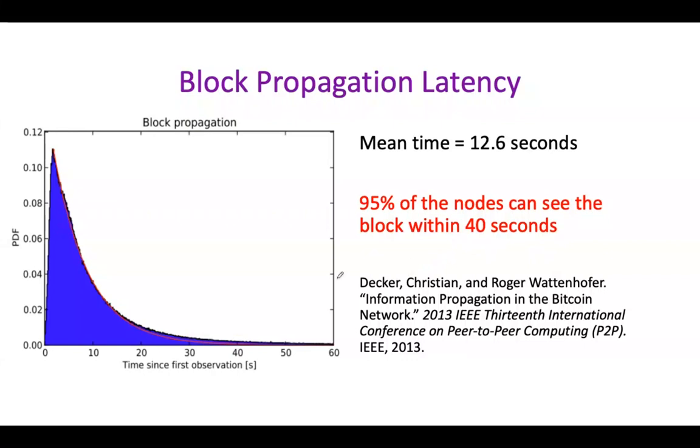This is the result given by the author, Dr. Christian, in an article published in 2013 in an IEEE International Conference. So within 40 seconds, 95% of users can see the newly propagated block.